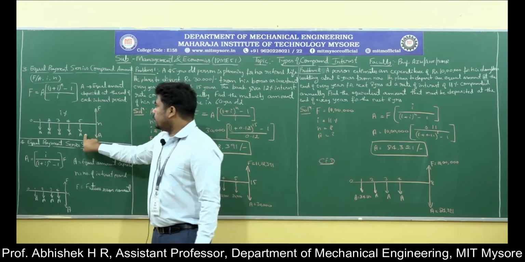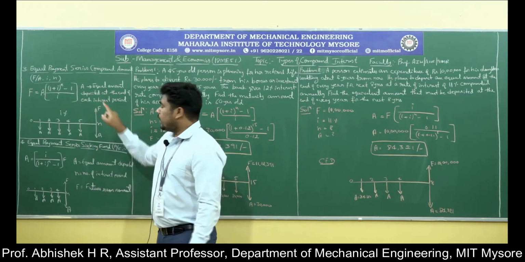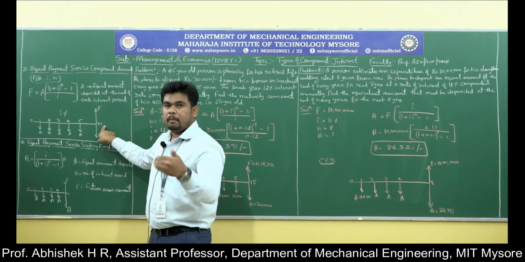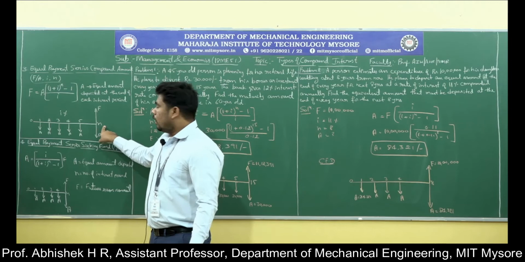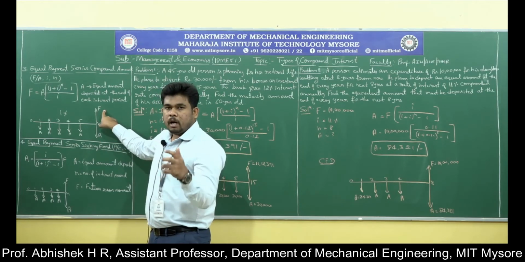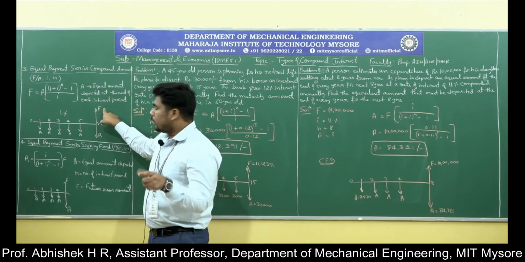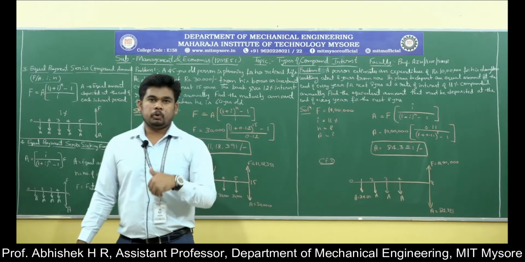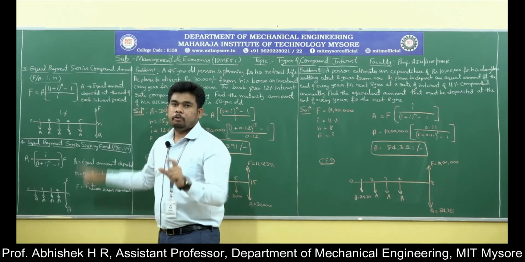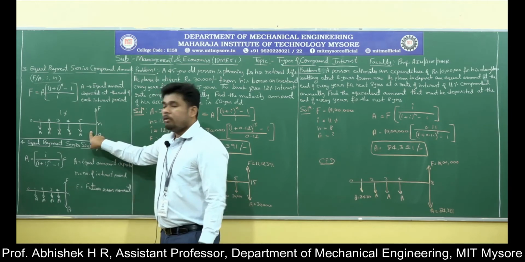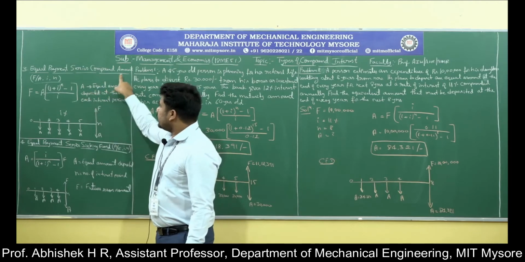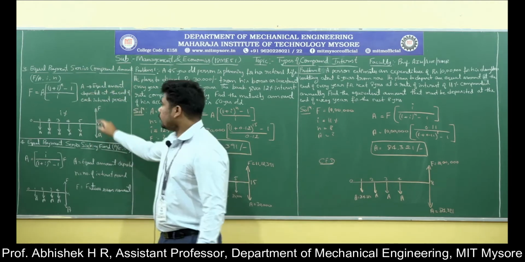Here cash outflow is equal amount deposited at the end of each interest period, and after a certain duration, maybe 10 years or 15 years, we will get the future sum amount, that is F. That is the cash inflow to us, so I have shown the arrow mark upward for the future sum of amount. So this is how we draw the cash flow diagram for the equal payment series compound amount.